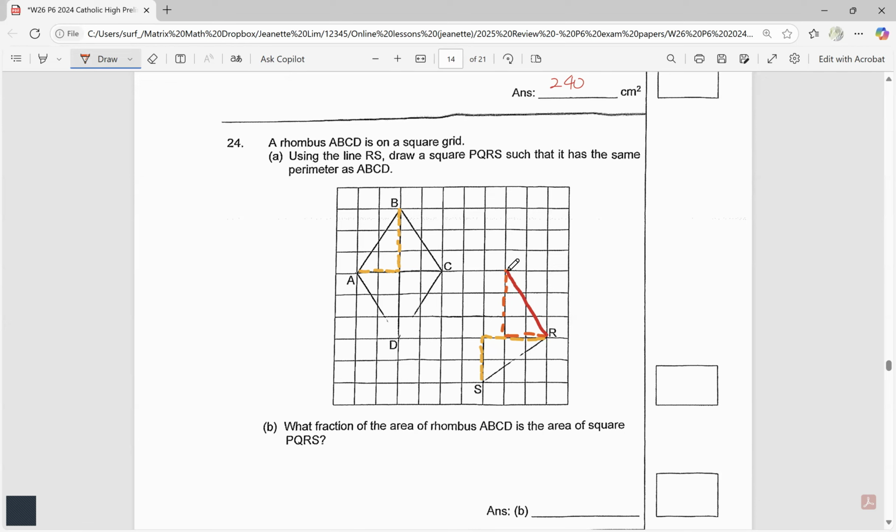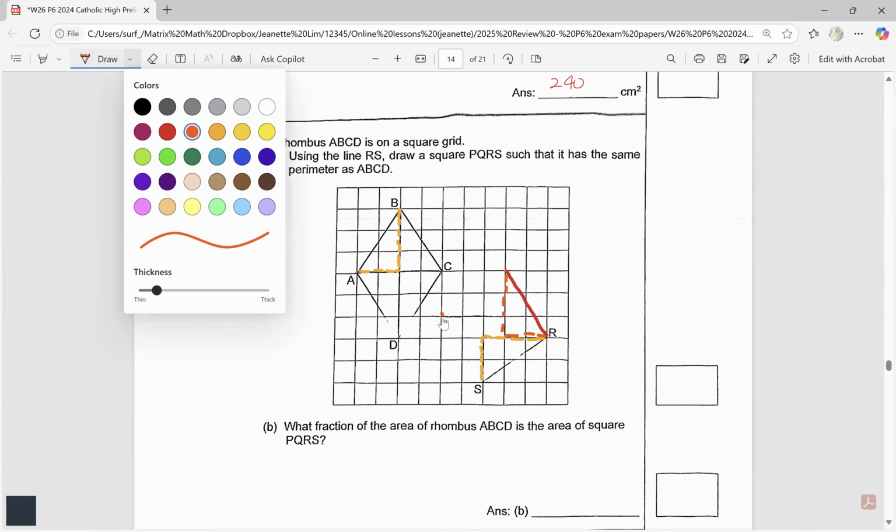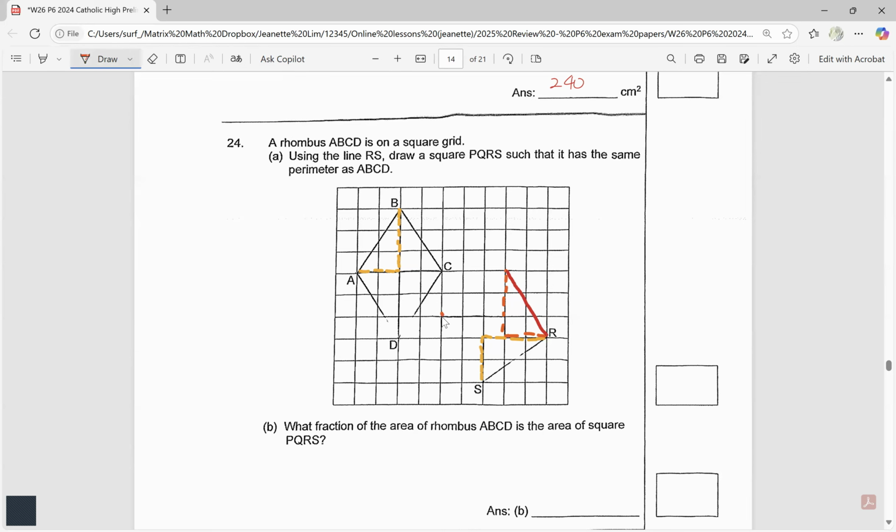So I will cut across, it has to be the same parallel as SR. So I will cut 3 to the left, 2 down. So from here, 3 to the left, 2 down.